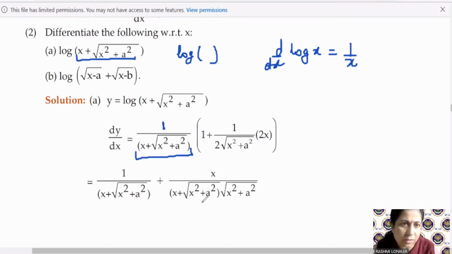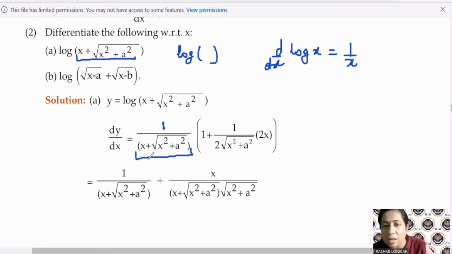But it is not only x. This is again a function of x, not simply x. So I need to find the derivative of this function.